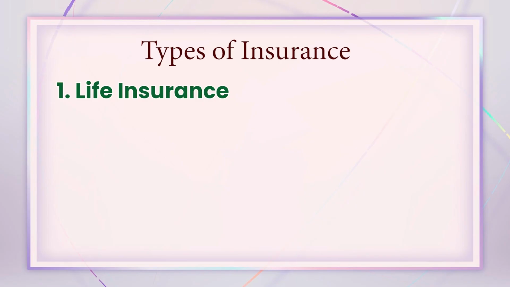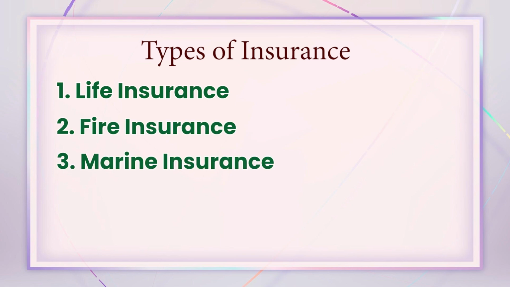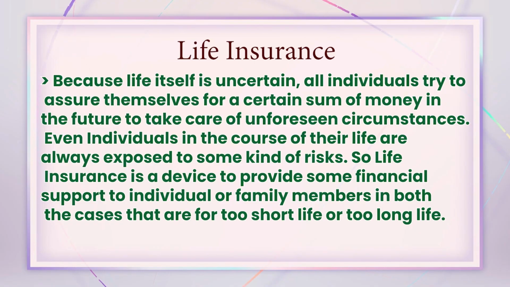Dear learners, the next topic is types of insurance. These are life insurance, second is fire insurance, third one is marine insurance. First is life insurance. Because life itself is uncertain, all individuals try to assure themselves for a certain sum of money in the future to take care of unforeseen circumstances.